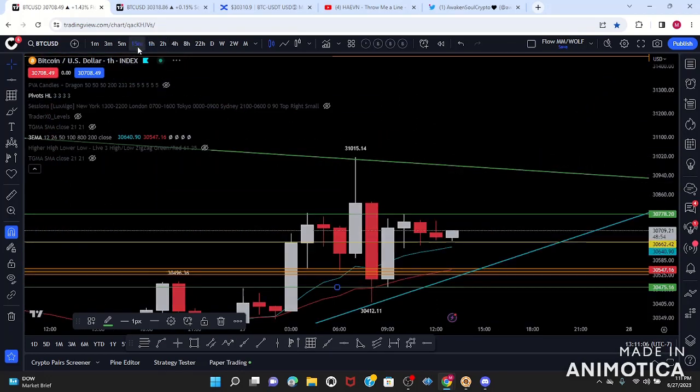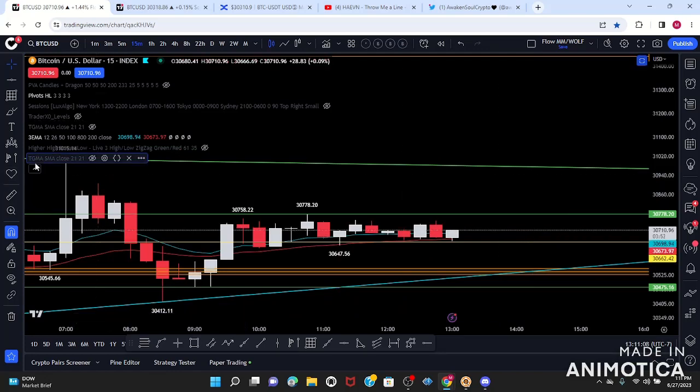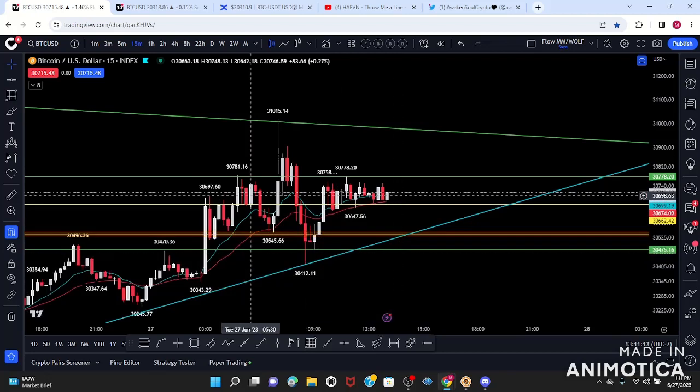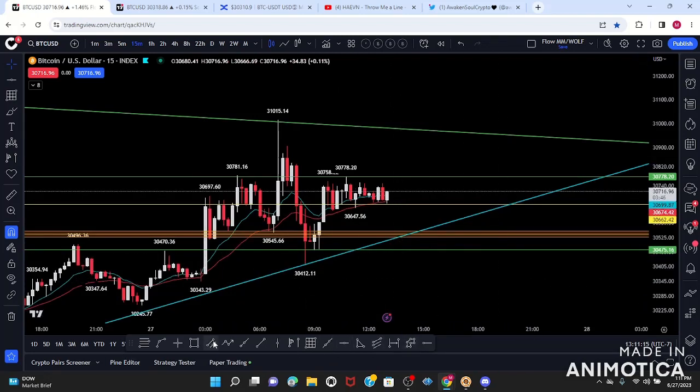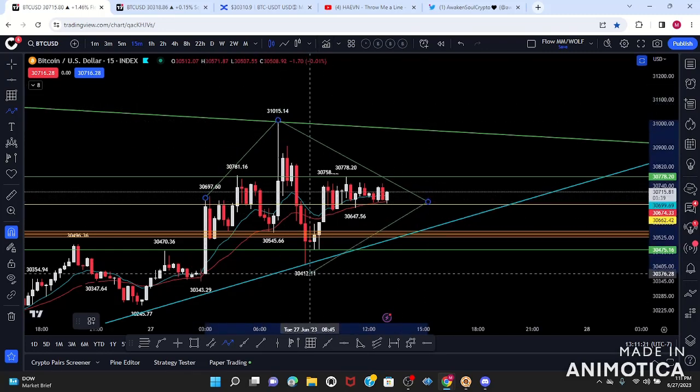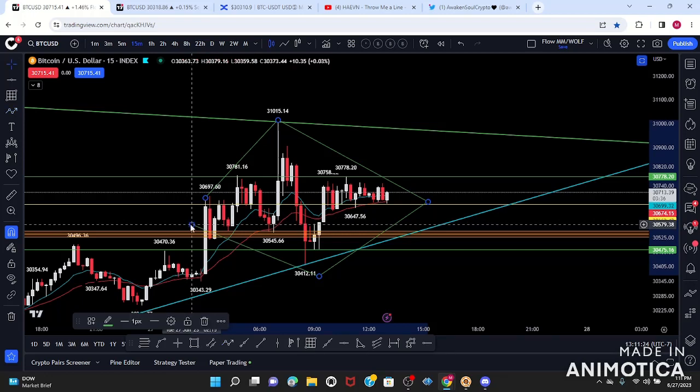Okay, so right here on the 15, I just moved straight to the 15. Look at the candles. Just look at this beautiful, like this looks like a diamond right here. Okay, and the forex patterns are critical to know when you're trading. This looks like a beautiful diamond pattern.